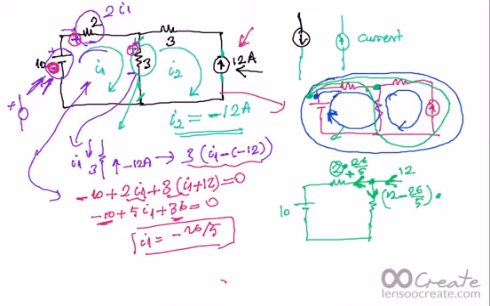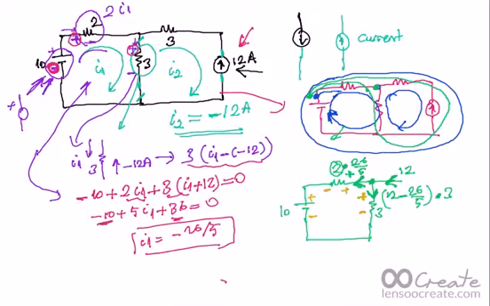Times this 3, this is the voltage drop. Let me also put my polarities. Let me change my color again. This is my polarities, plus and minus and plus and minus.